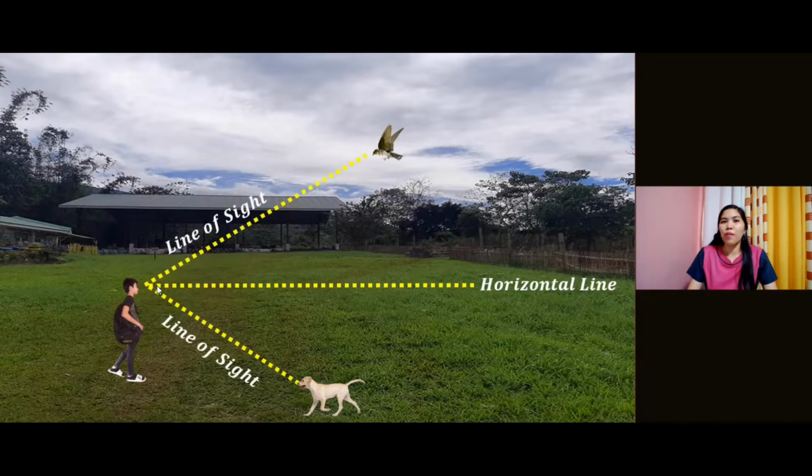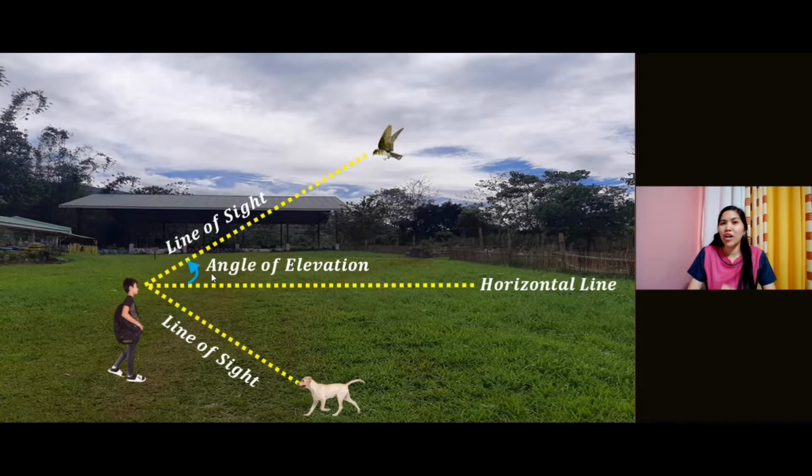These two lines are what we called lines of sight. As you look up, there is an angle that is formed. Try to consider this angle, the first one between the horizontal line and the line of sight above. This angle here is what we called angle of elevation.